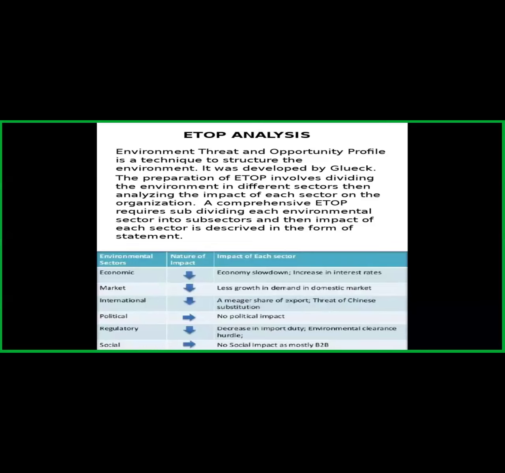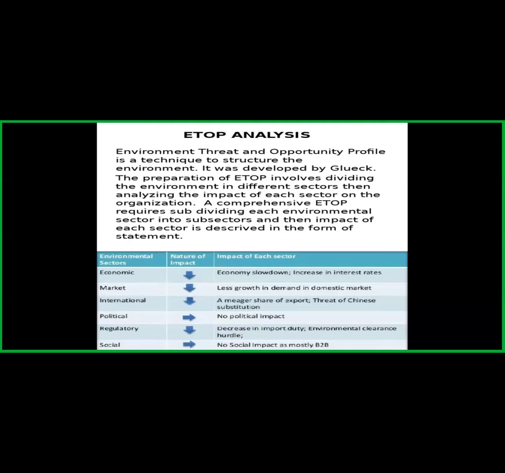But can we say that my company is going to grow in the near future if there is less growth in the domestic market? No. The company is going to grow when the demand in the domestic market is going to grow. So that is why they have shown a downward arrow.